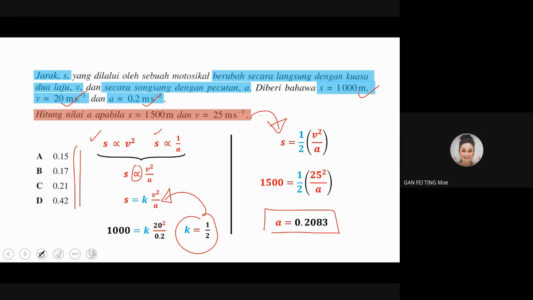In this paper, there are 2 questions where the answer given is not what you see, 0.2083, but it's already rounded off. So the answer here should be C, 0.21, which is very near to 0.2083.